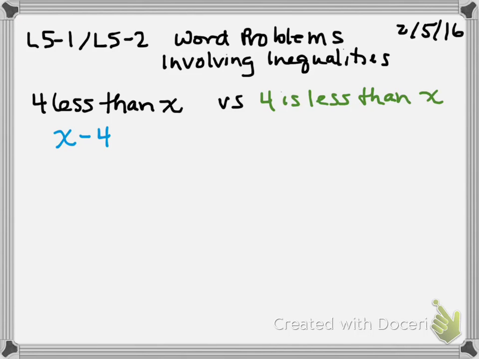Now, look what happens on the right side. It says 4 is less than x. But if we translated it like what we're used to, we would say 4 is less than x, and there's a blank. So that doesn't make sense.